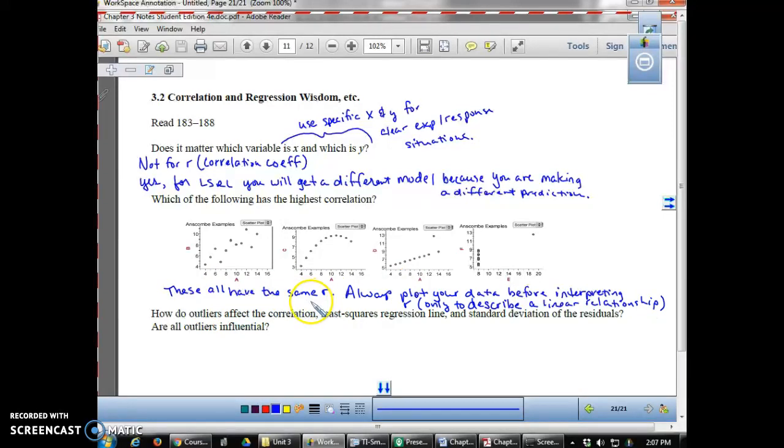So these all have the same R. Always, always plot your data before interpreting R. Only use R to describe a linear relationship.